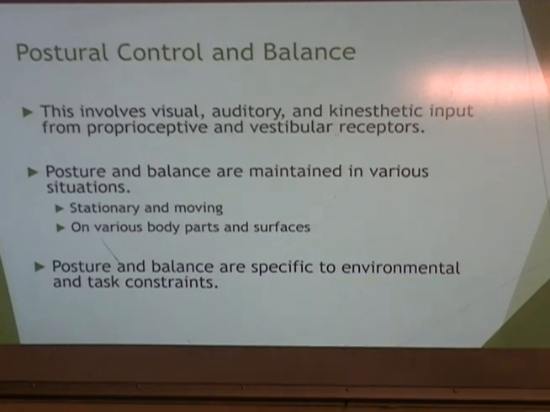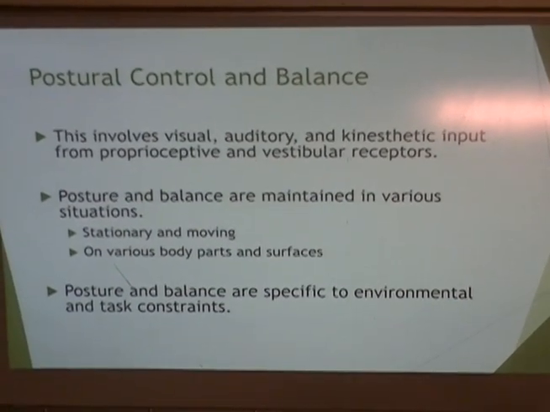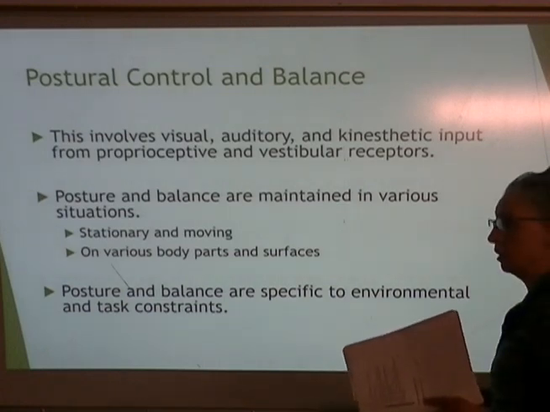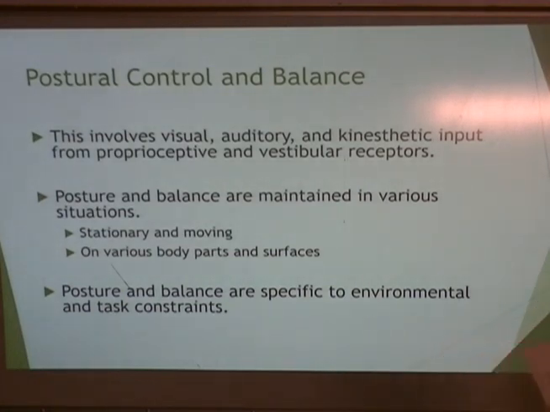And we have to think about the fact that we don't just have to maintain our posture when we're standing still, right? We also have to be able to maintain our posture in a dynamic situation. And we may have to balance on other parts of our body, not just our feet, and on different surfaces that might not be stable, okay?